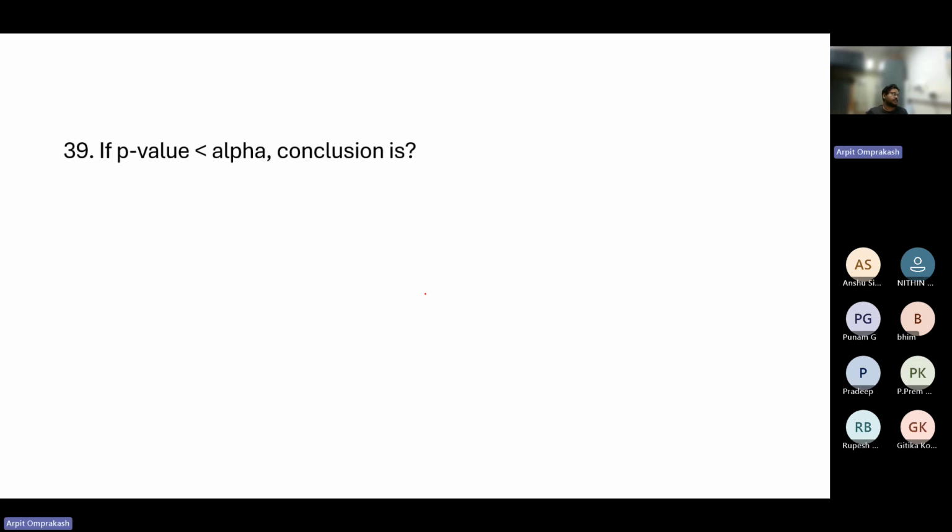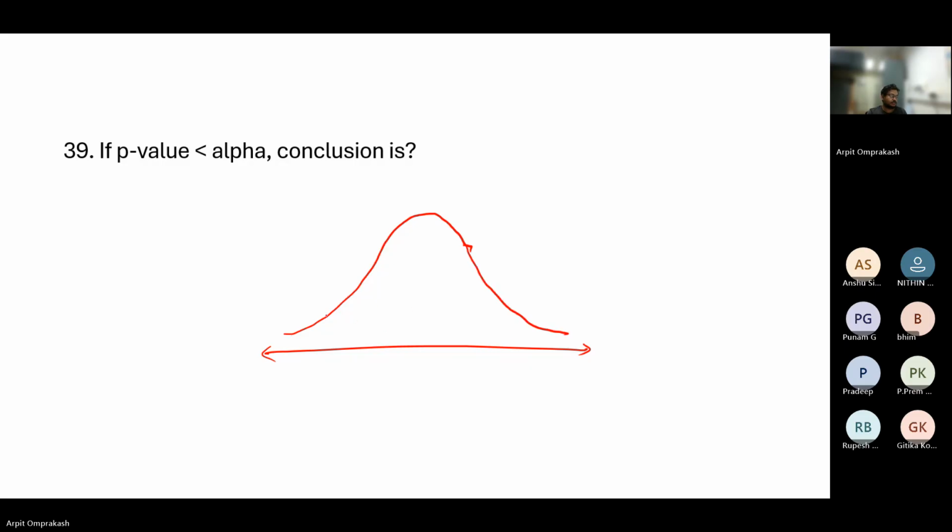Right. The next question is, if p-value is less than alpha, our conclusion should be dash. Yes.